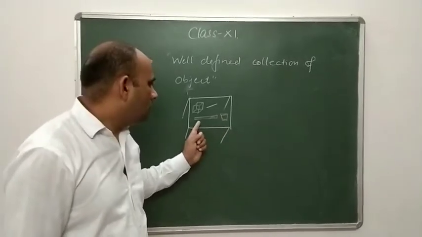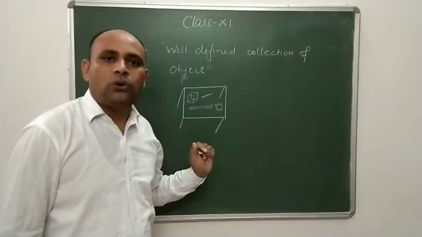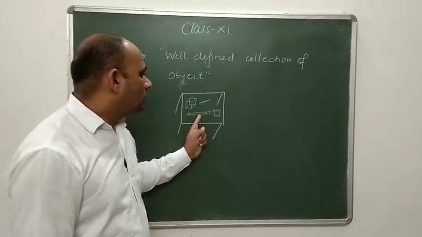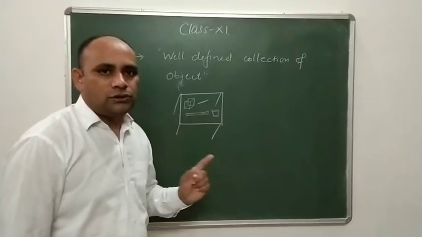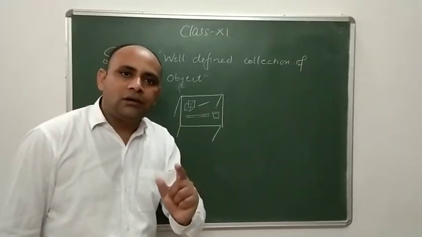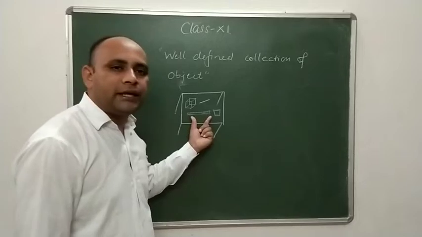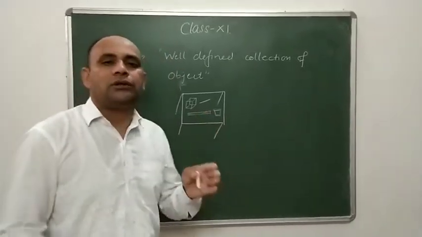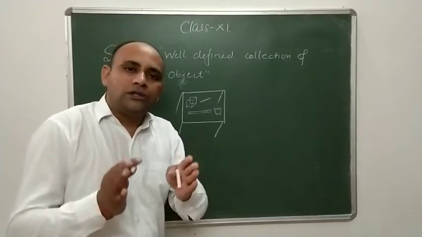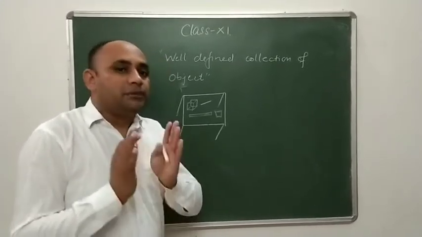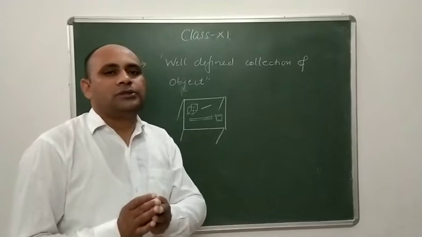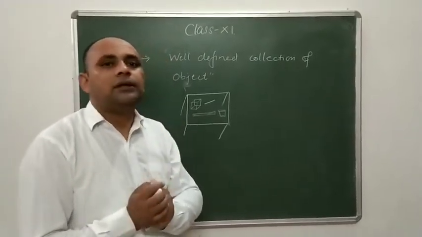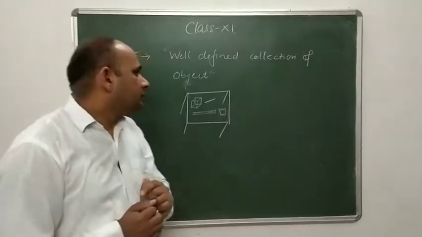Here all are different object, but all objects are well defined. So collection of different object on the table is also a set. It means set include all object. It may be same or different but well defined.